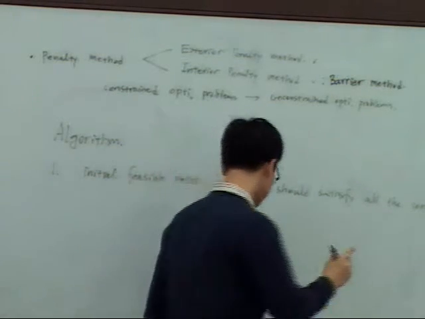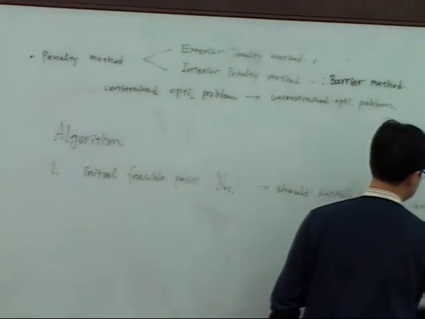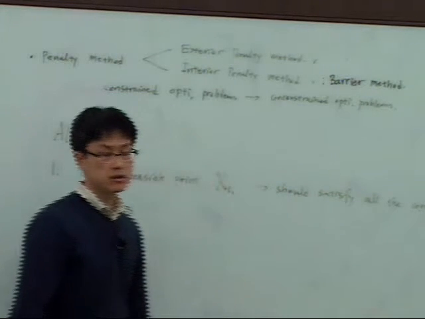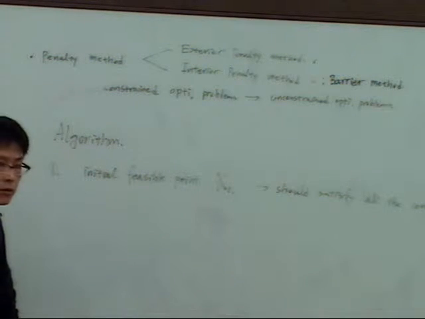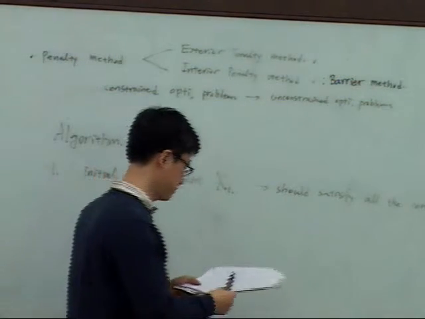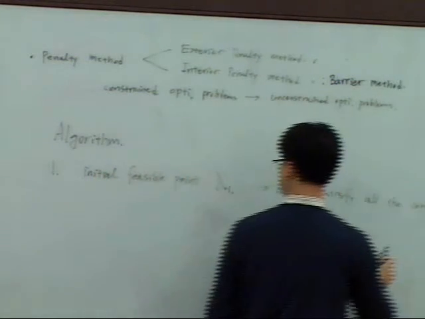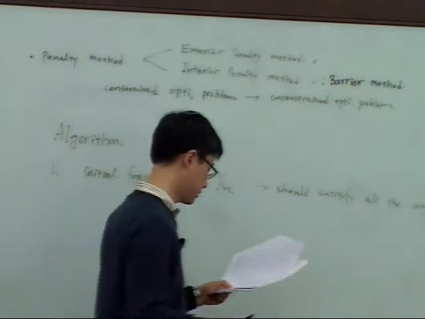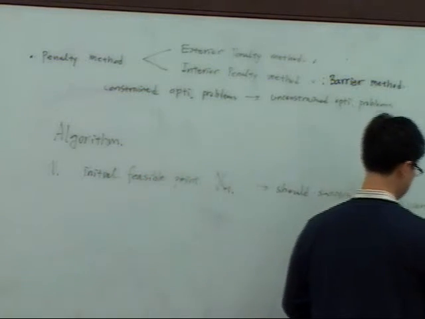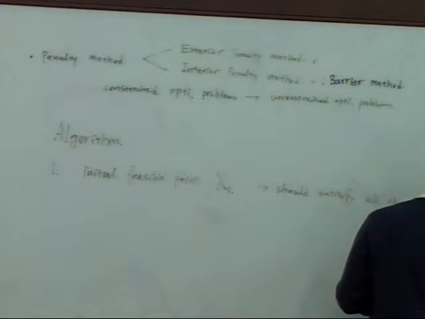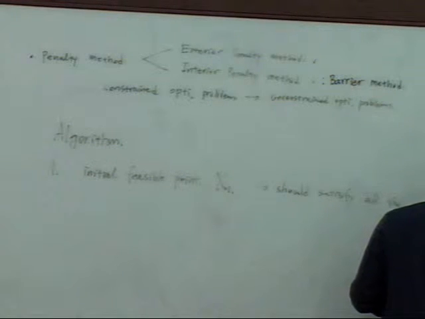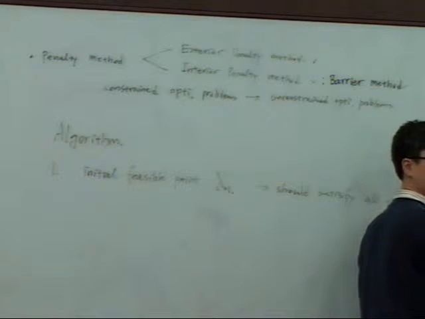But one more limitation is, since we take the reciprocal form of the inequality constraint, this feasible point should satisfy a strict inequality.